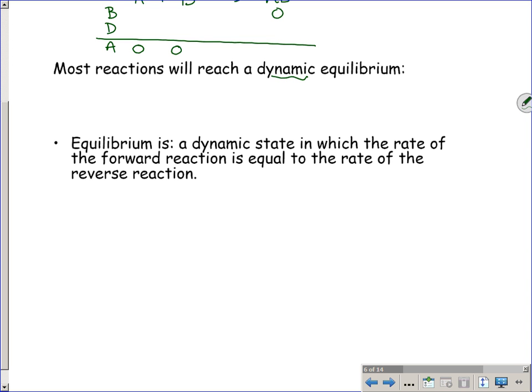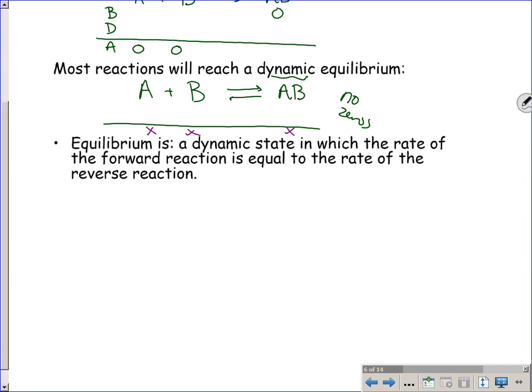And when we have a dynamic equilibrium, reactant A reacting with reactant B, forming product AB, what we end up with is a situation where, after the reaction is over, there is some of everything. There are no zeros. So you're going to have amounts in each of these categories here.